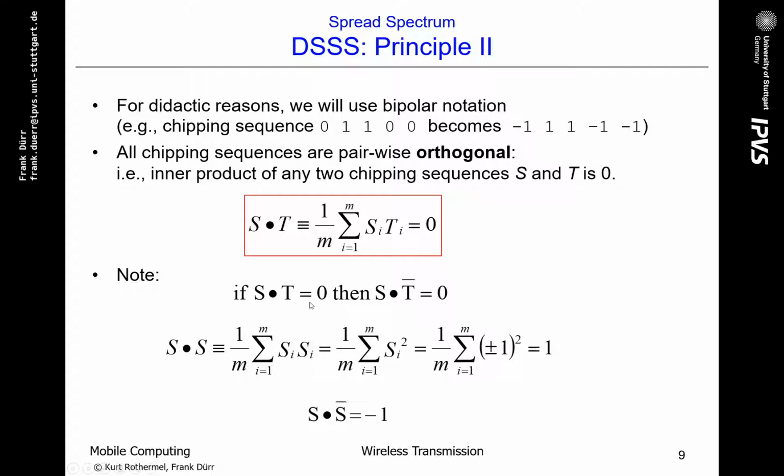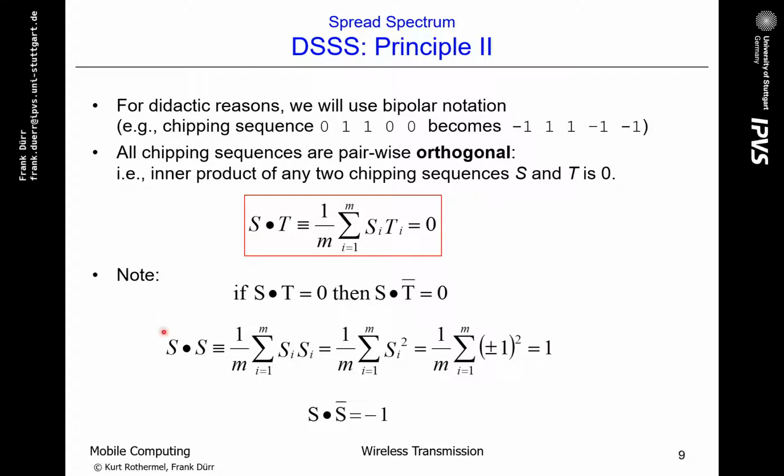We calculate minus 1 multiplied by minus 1. What is that? Again 1. So basically what we do is we sum up all the chips to m times 1. So what do we get? M. And if we divide m by m, we get 1. That's quite straightforward to see maybe.